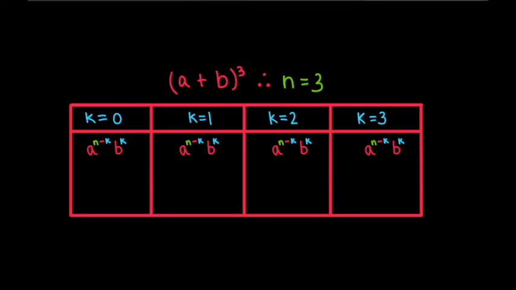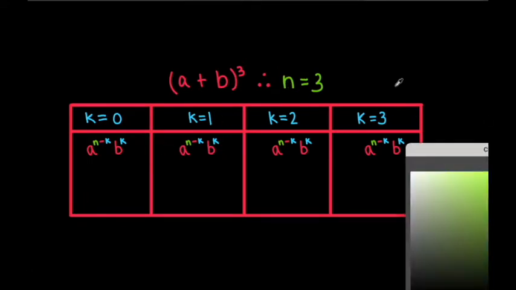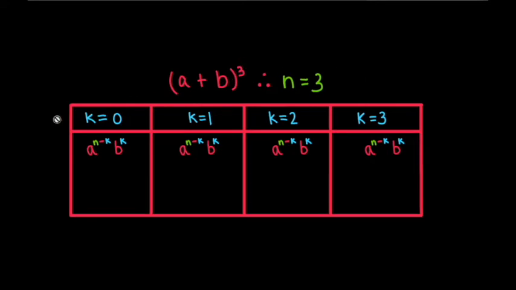So here is where it all gets very interesting, right? We know that in this case, our n value is going to be this, right? So n is equal to 3 in this example. And what that is basically telling us is that we're taking (a + b) to the power of 3, and n is representative of that.